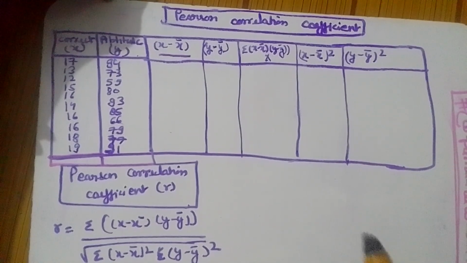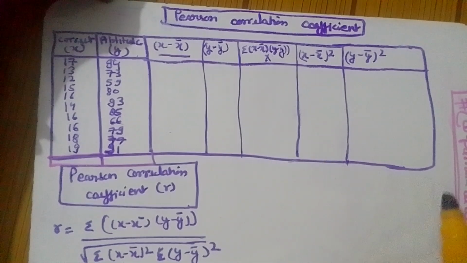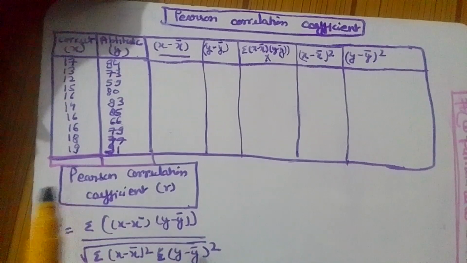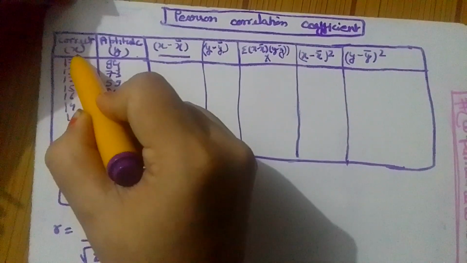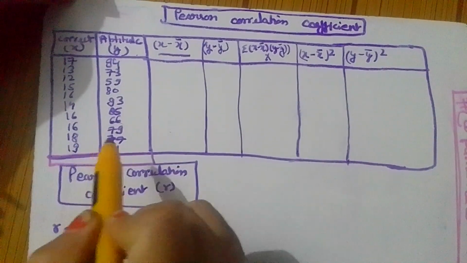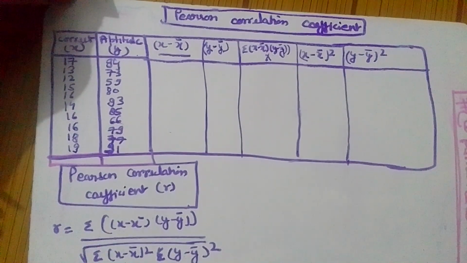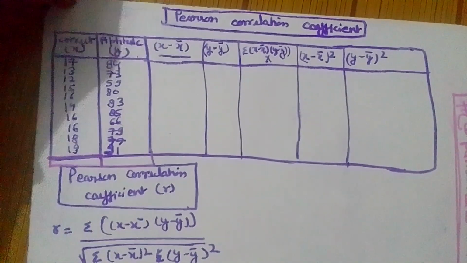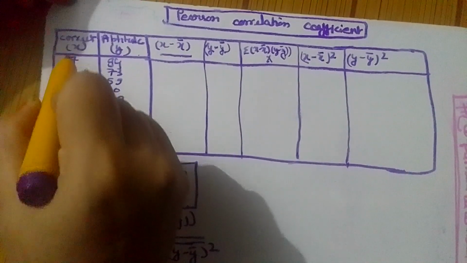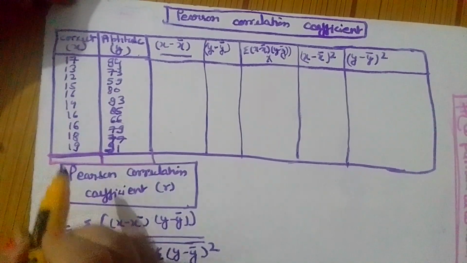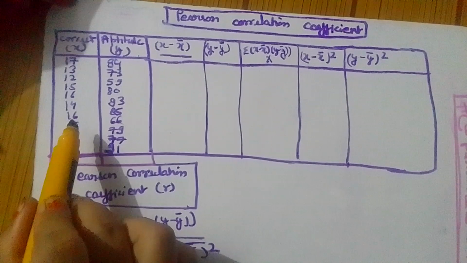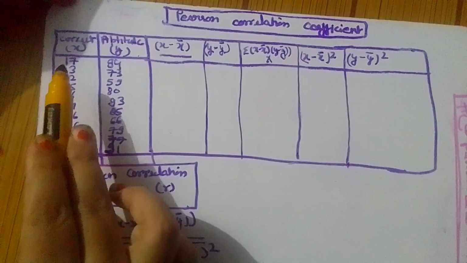I hope you all know the very basics of how we calculate the average. The average of the X variable: we add all these marks and divide by 10, because there are 10 numbers: 1, 2, 3, 4, 5, 6, 7, 8, 9, 10.